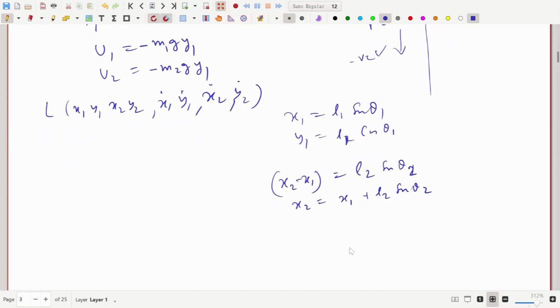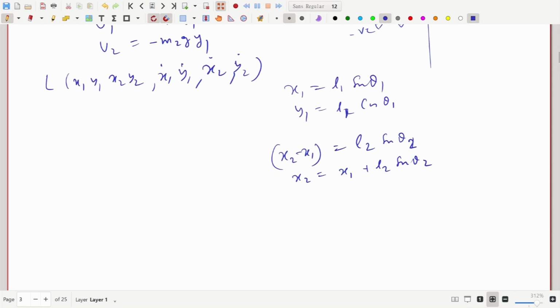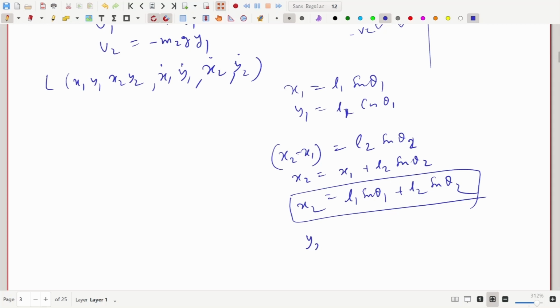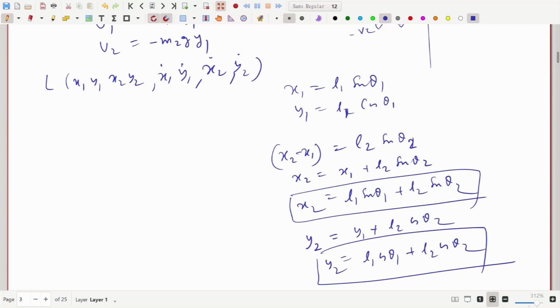If I substitute x1, L1 sine theta 1 plus L2 sine theta 2 will be your x2. Similarly, y2 will be y1 plus L2 cos theta 2, but y1 is L1 cos theta 1, so y2 is L1 cos theta 1 plus L2 cos theta 2. So now you have to do a little bit of algebra.